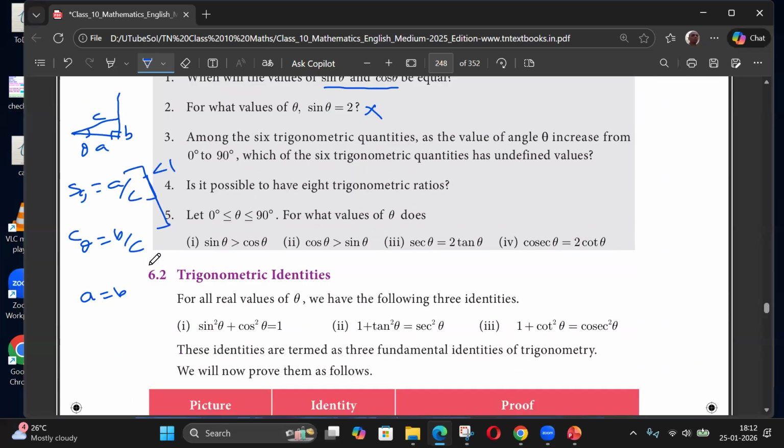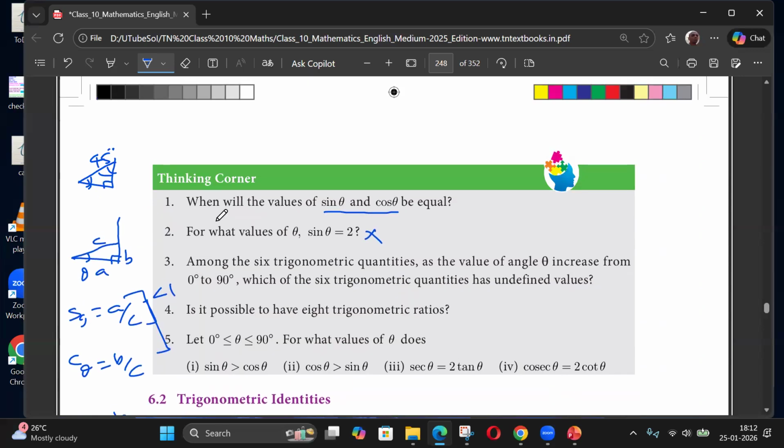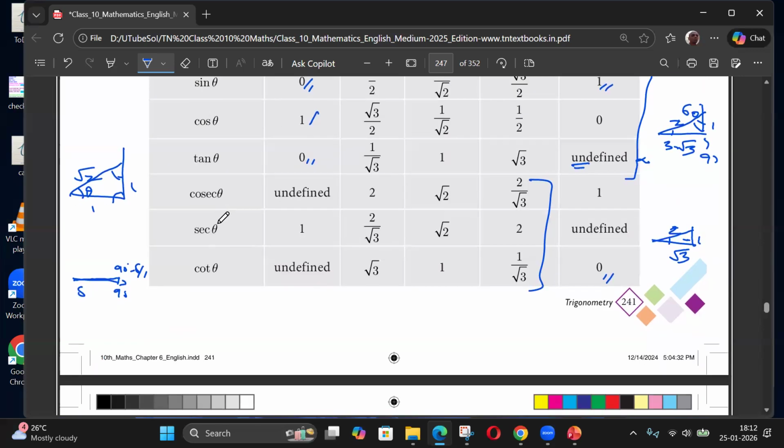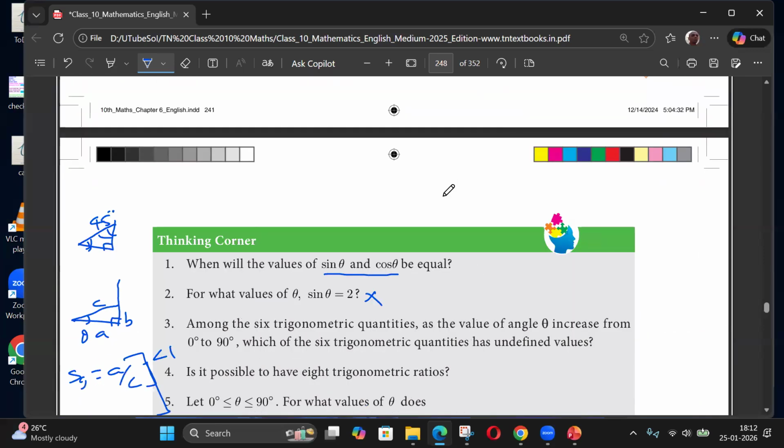What if sine theta is greater than cos theta? One more thing: in this triangle, this angle is fixed. Suppose I take a small theta, this thing will be like this. If I increase theta, it will become like this, and if I increase theta further, it will become like this.